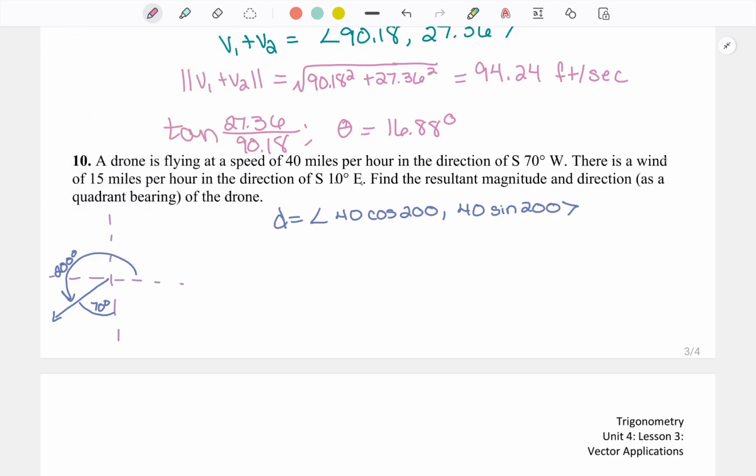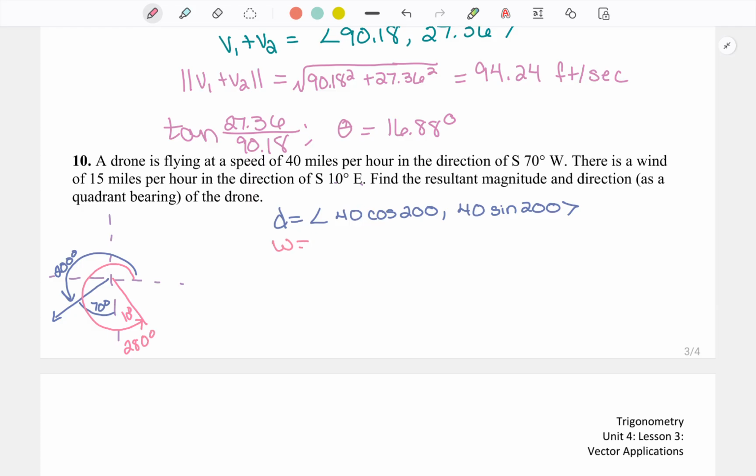So then we have that wind speed at 15 miles per hour going in the direction of south 10 degrees east. So if we're going south 10 degrees east, then that angle in standard position is going to be 280 degrees.